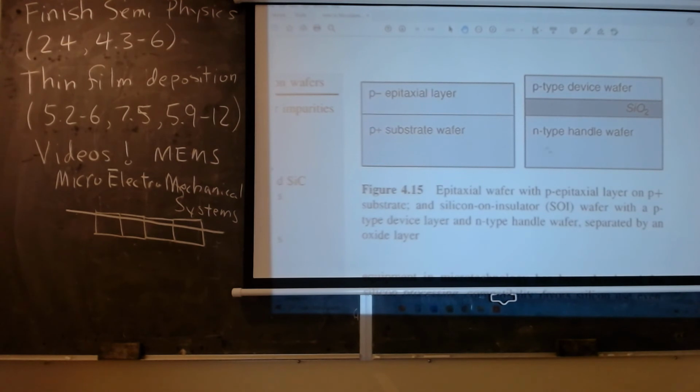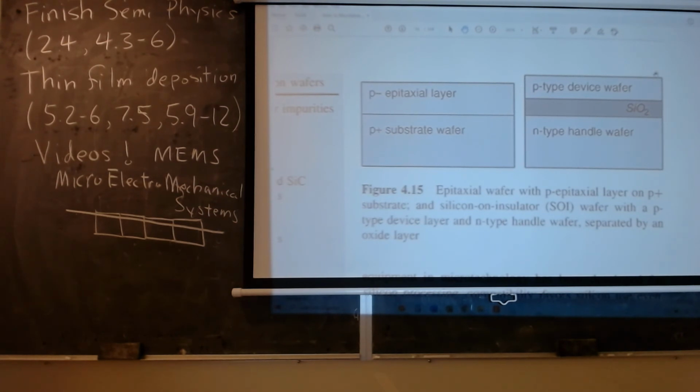You have to think of this as fairly thick, like 0.5 millimeter thick, down here, and then you have, it could be, a 1 micron thick layer of silicon dioxide with a 1 micron thick layer of silicon on top of it. How you fabricate that is through what's called wafer bonding, which we may be able to cover later in the course. But the point is, you can buy a wafer like this that has a buried layer of silicon dioxide, and it's called silicon on insulator, and it can be very handy.